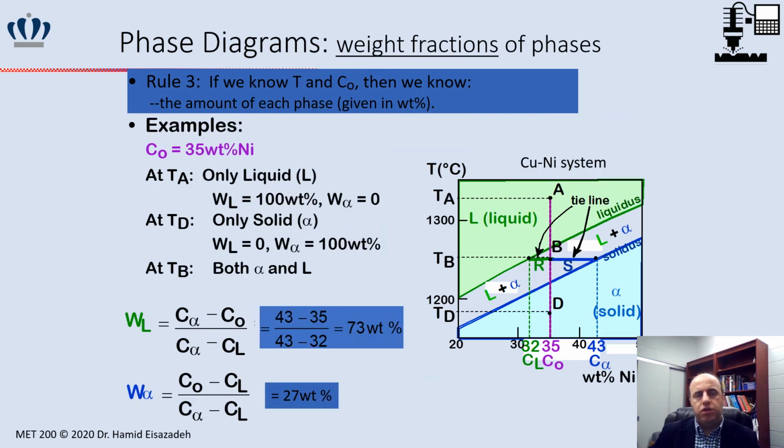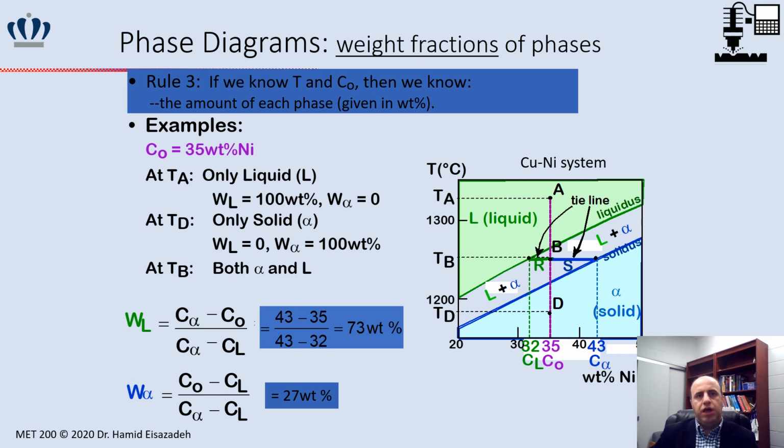So I showed you how we can determine the composition of components in different regions: if you are in the liquid region, in the gray area with multiple phases, or again in the solid region. But how can we determine the amount of each phase?